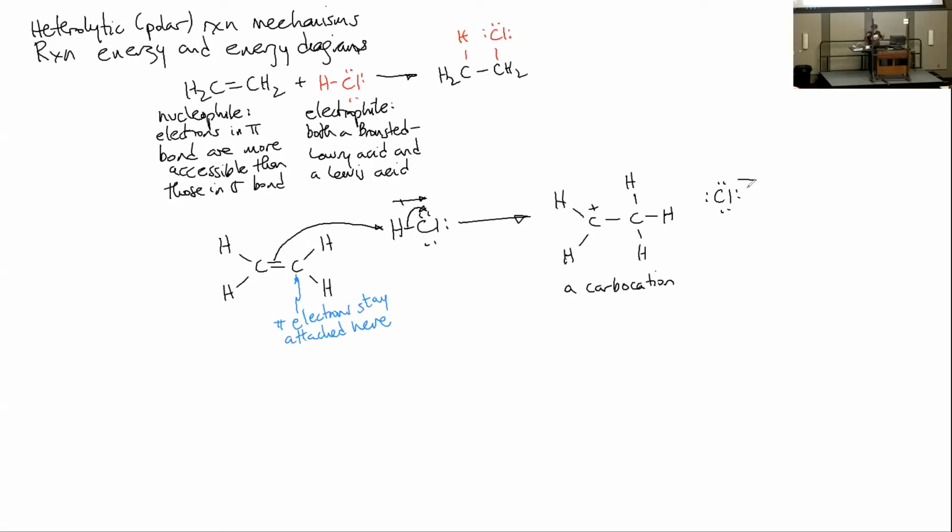And what happens is the electron rich area of one molecule and the electron poor area of another are going to be attracted to each other like little magnets, because that's what they are. One of them is a partial minus charge, the other a partial plus charge. And then they touch and they react. Electrons will move from the electron-rich species to the electron-poor species, from the nucleophile to the electrophile.